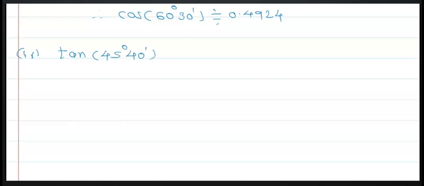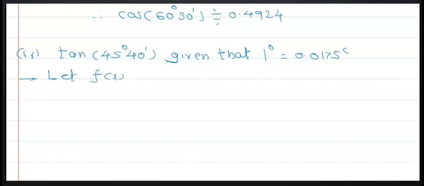tan of 45 degree and 40 minutes. Given that 1 degree is equal to 0.0175 radian.